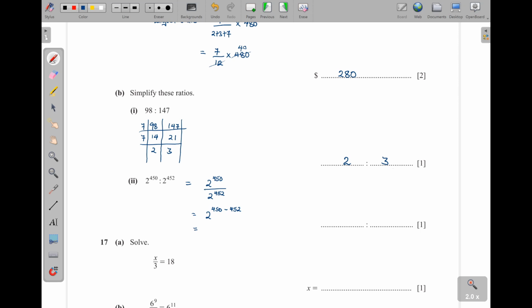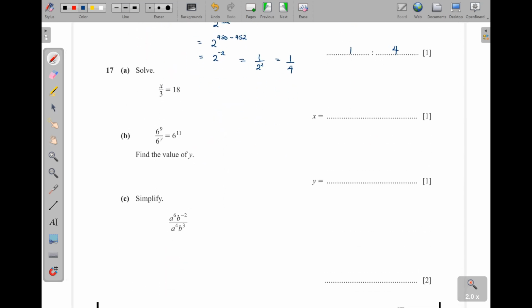So what do you get here? You'll get 2 to the power of negative 2. Not so? Power negative 2. And this one here is going to be the same as 1 over 2 power 2, which is 1 over 4. That means I will write here 1 and then here a 4.